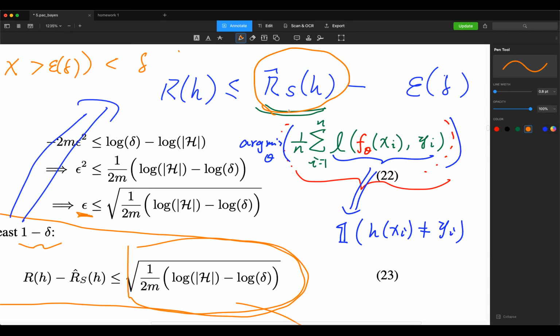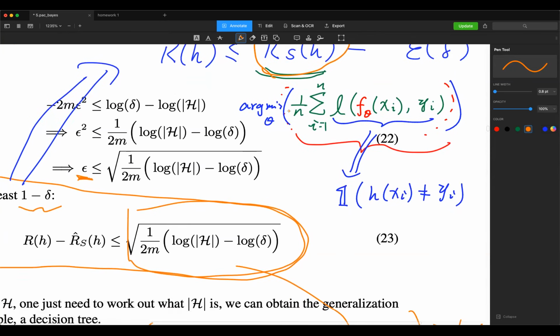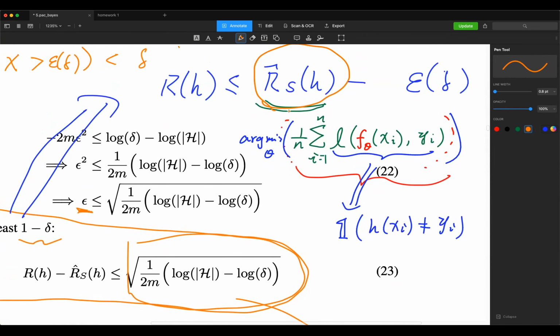Do people remember what we do when we try to prevent overfitting? Sorry, I said overflow. What do we do to prevent overfitting? Penalty, yes. Regularizer, right? We put in a regularizer. What kind of regularizer do you remember we put in to prevent overfitting?